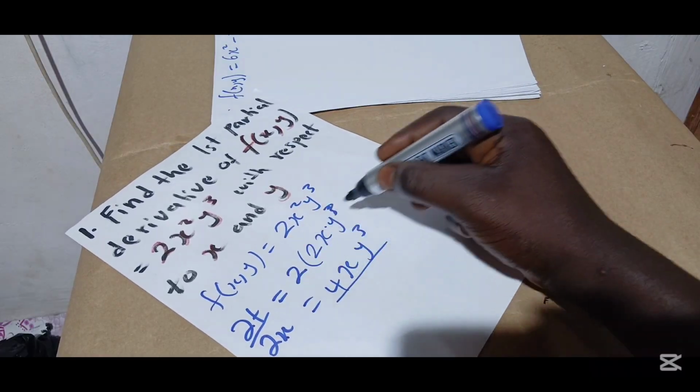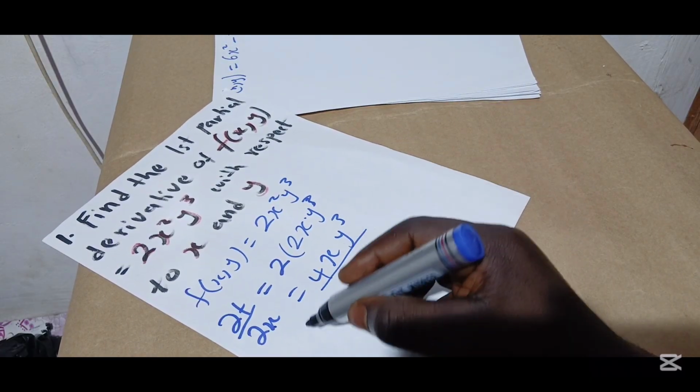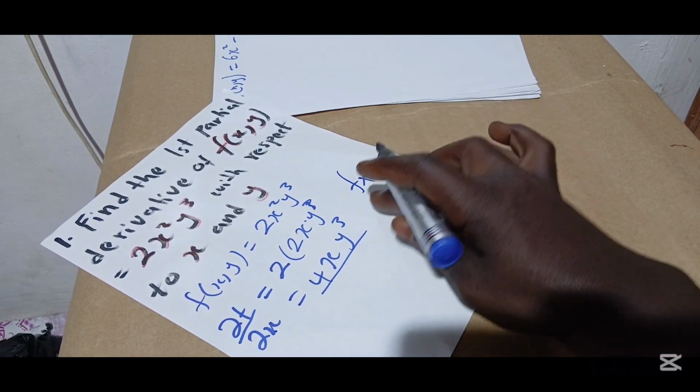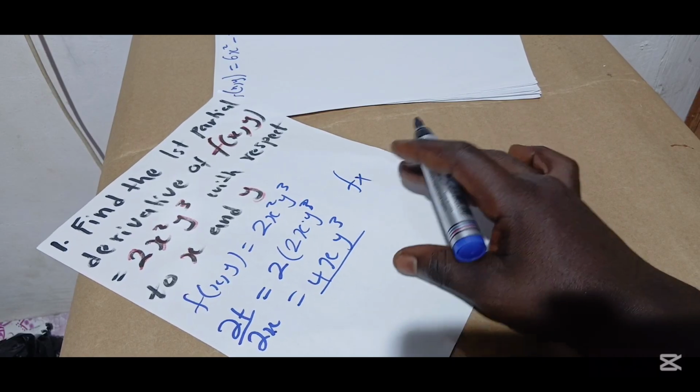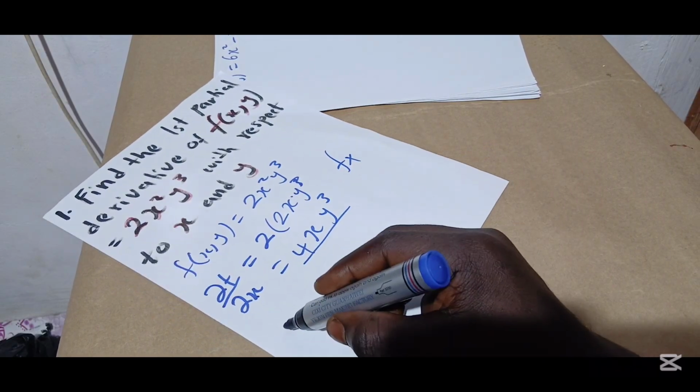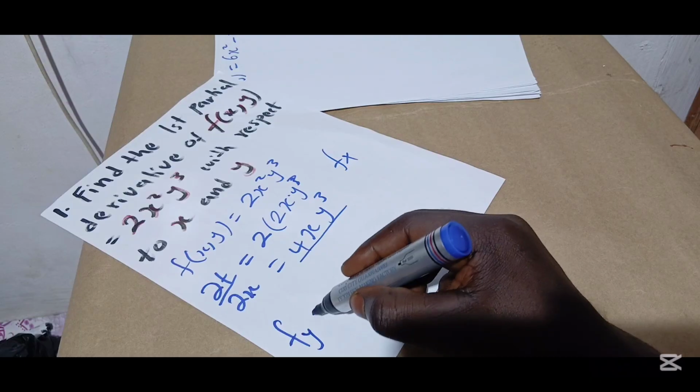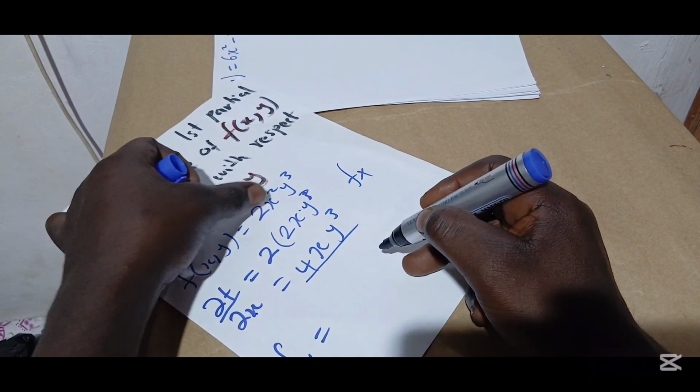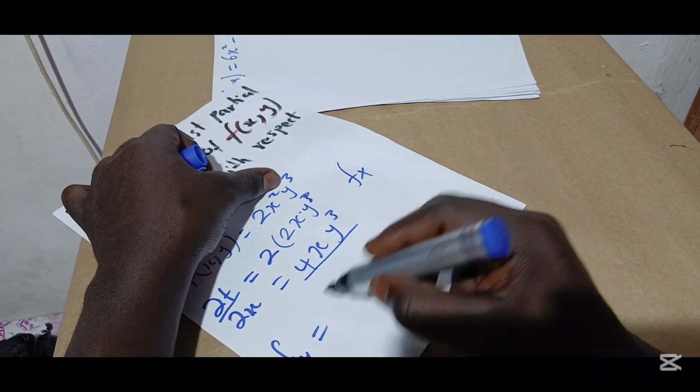Mind you, you can also represent this as f sub x, which means the partial derivative with respect to x. Now let's do it for y. For the partial derivative with respect to y, we differentiate only the y term, leaving the others.